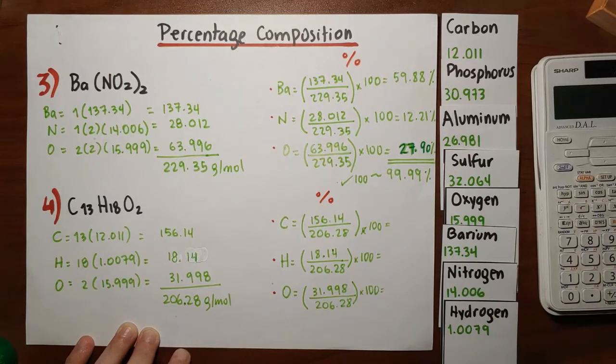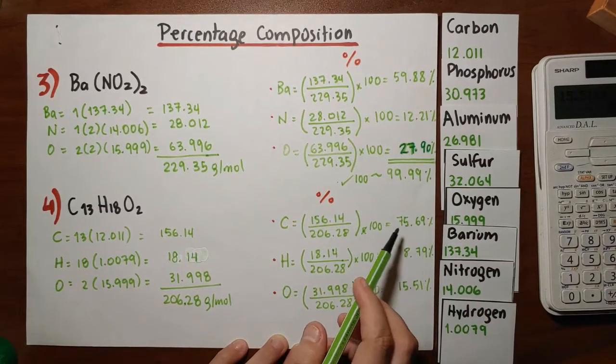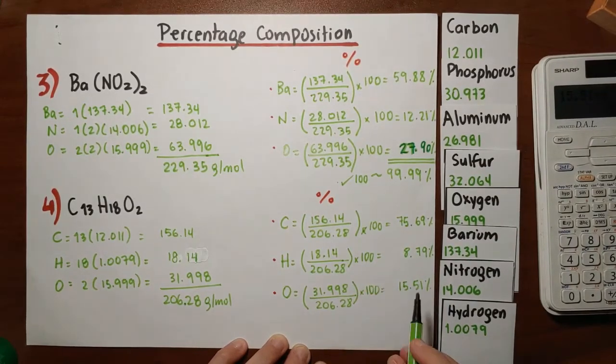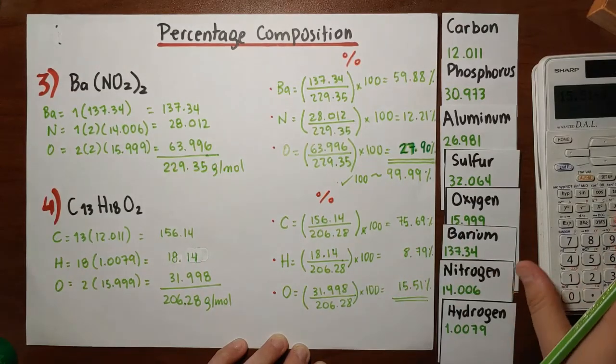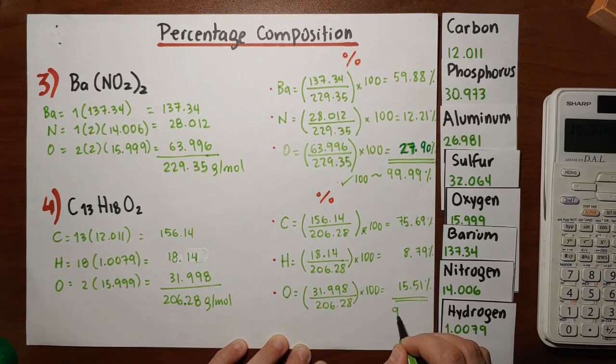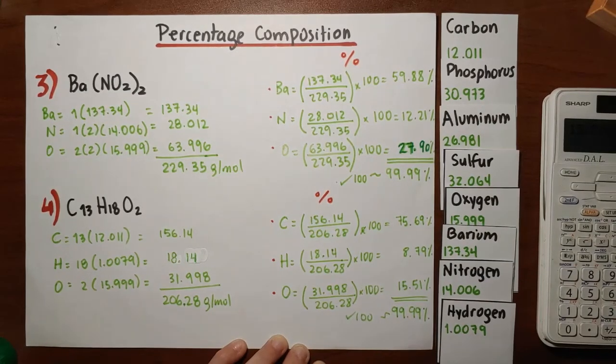Perform this and let's get the percentages. Okay, so I just got the percentages: 75.69%, 8.79%, and 15.51%. Now let's add everything. I just did and I got 99.99. So it's accurate, so we can say that it's okay.